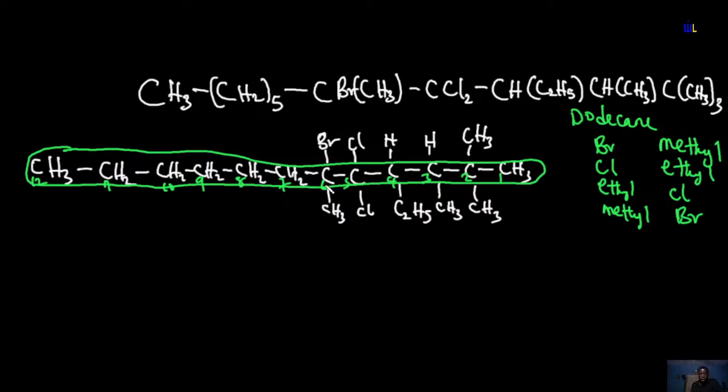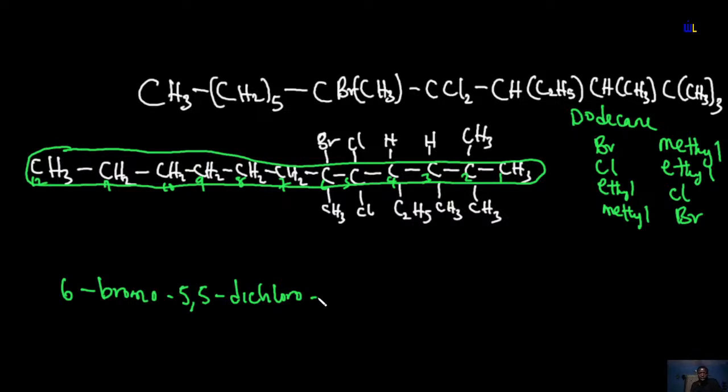Now, bromo is on number 6. This is 6-bromo. There's only 1 bromo here, so let's just continue. We go to chloro. We have chlorine on number 5, so that's going to be 5,5-dichloro. That's chlorine. Then we come to ethyl.